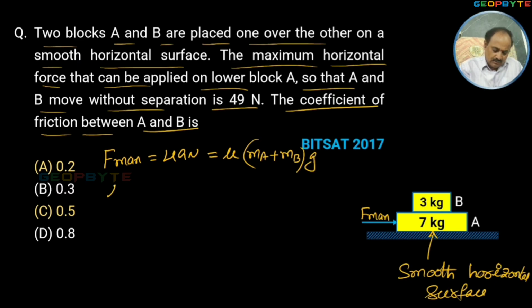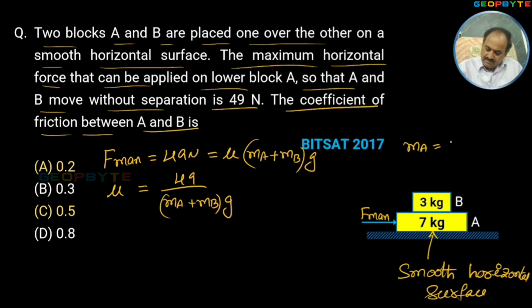From this, the coefficient of friction mu between A and B equals 49 divided by (MA plus MB) into G, right? Let us write the MA value. MA equals 7 kilograms. MB value is 3 kilograms.